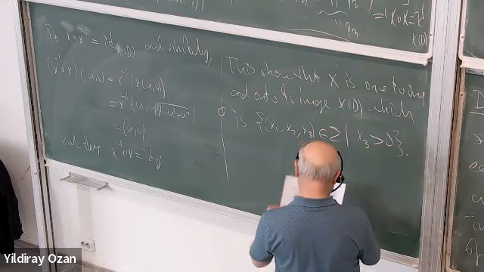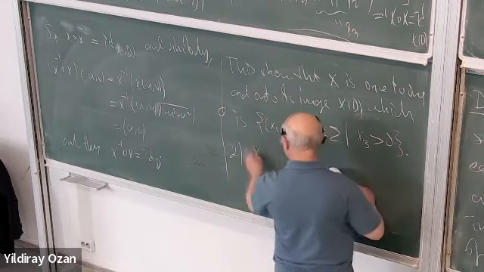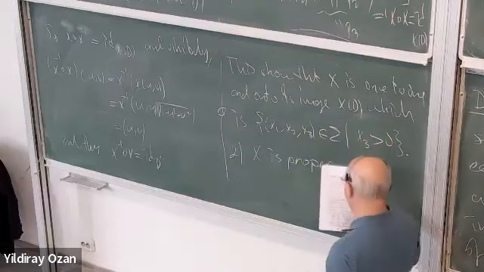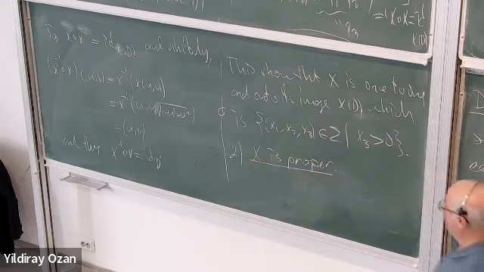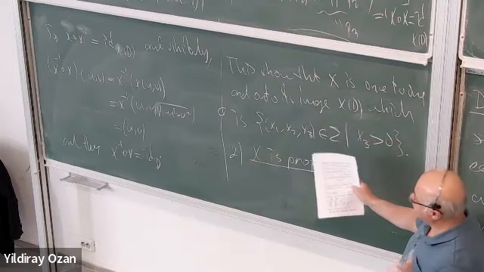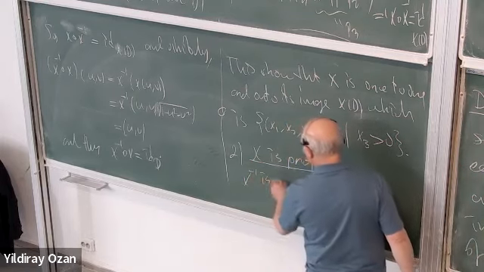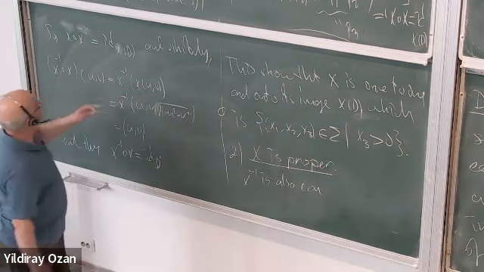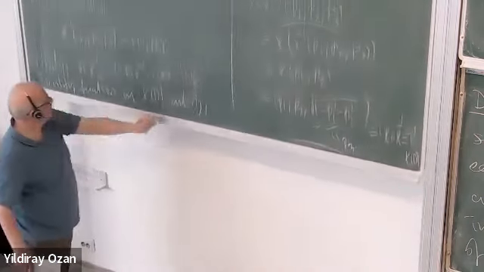What else? X is proper. Well, this is true. Why is that? Because X inverse is also continuous. What is this X inverse? X inverse is just the projection onto the first two coordinates, right?